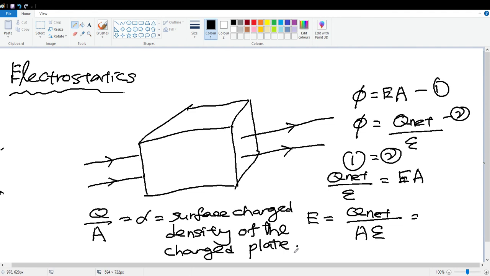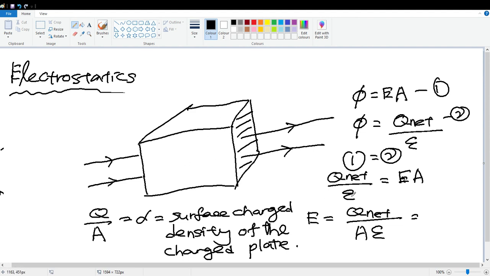This is the surface that is in contact with the electric field.